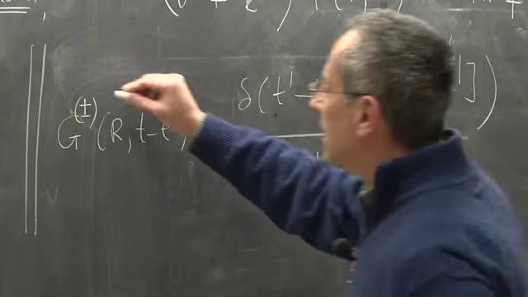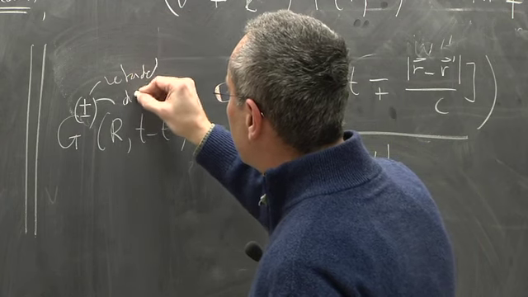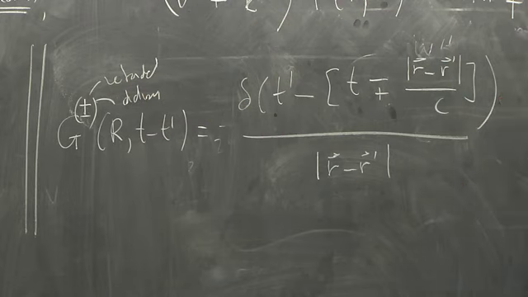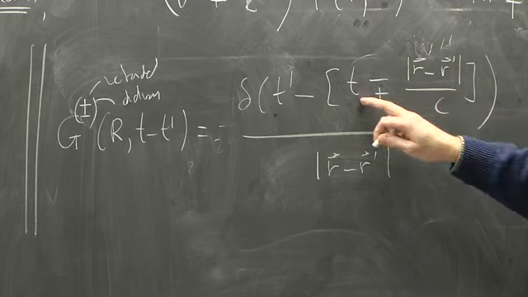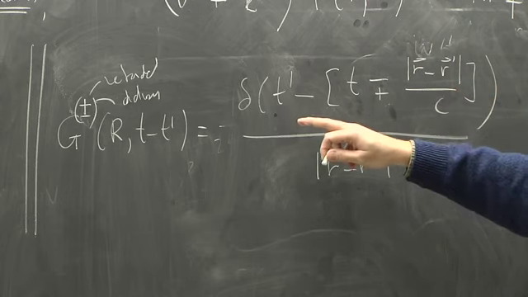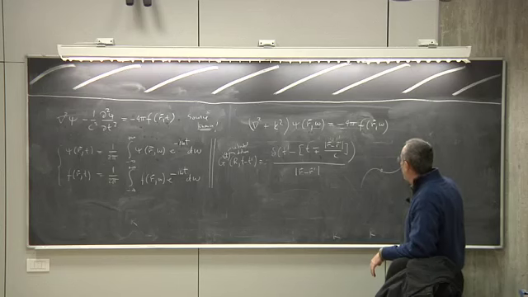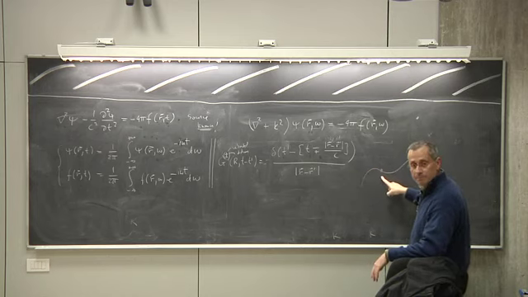You see, these are called the retarded and the advanced, depending on which sign you pick. Pick the retarded one, right? Okay? It's t minus this. This is the time it takes light to get to the point there. Because you see, say you have some charge moving, and you are looking here, this is r, and the other is r prime.